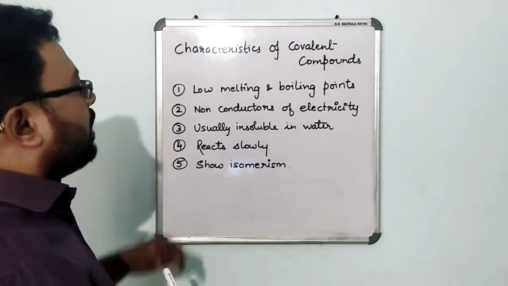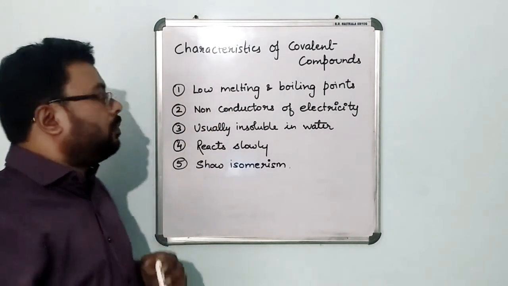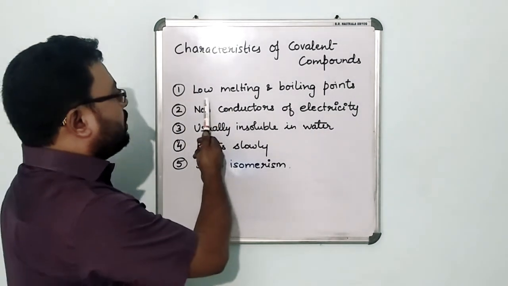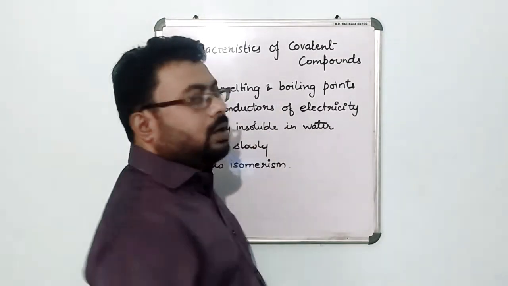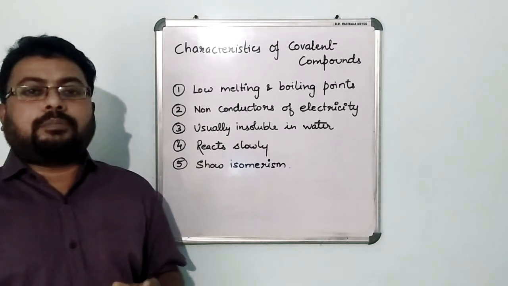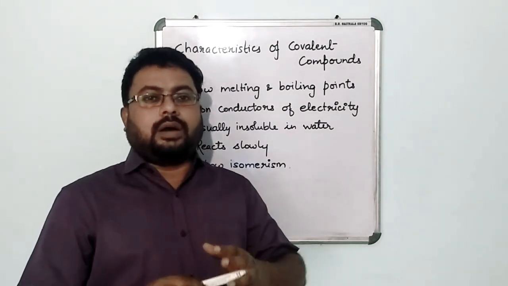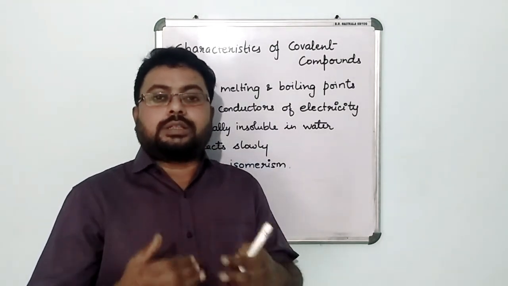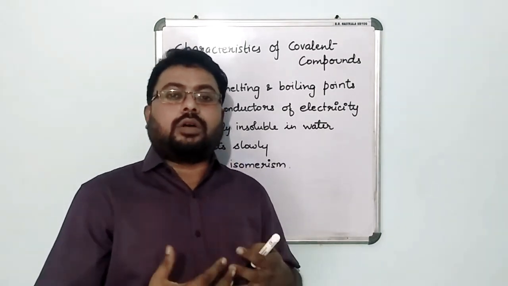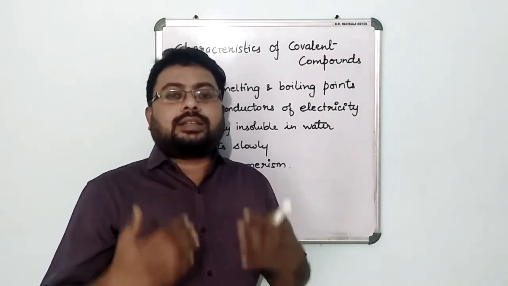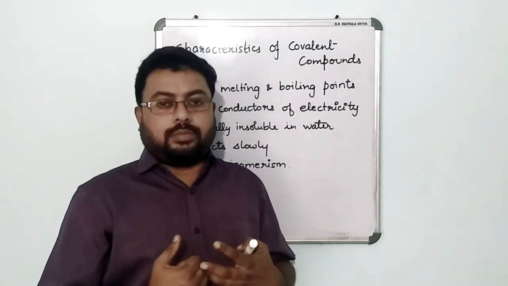If we look at the characteristics of covalent compounds, the very first characteristic that we come across is the low melting and boiling points. Covalent compounds have very low melting and boiling points because the bond, as I told you, is strong, but it is not as strong as the electrovalent bonds.